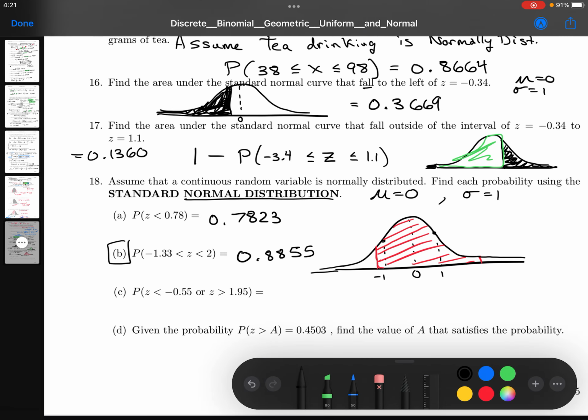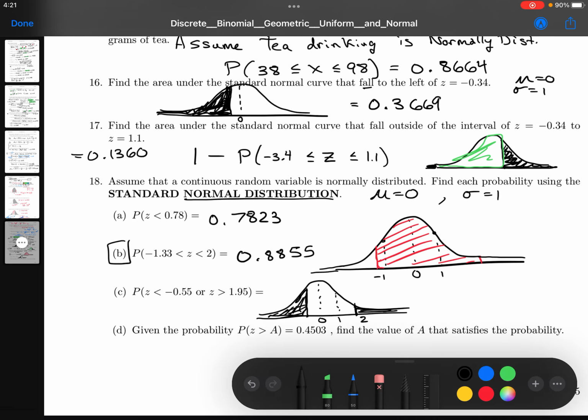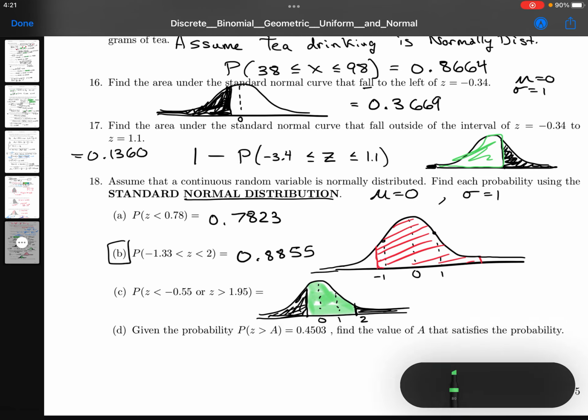All right, in C, we're doing less than negative 0.55 or greater than 1.95. So remember, this would be 1, so this would be 2, and this would be right near 2. Well, so we're going to subtract this excluded part from 1.